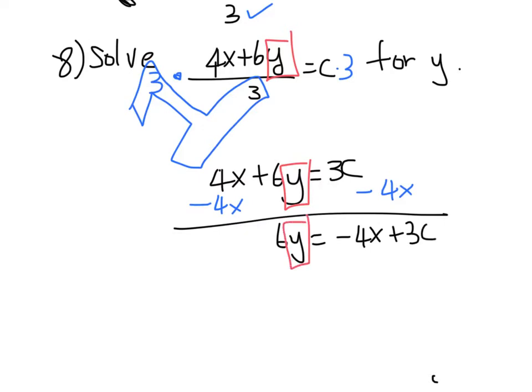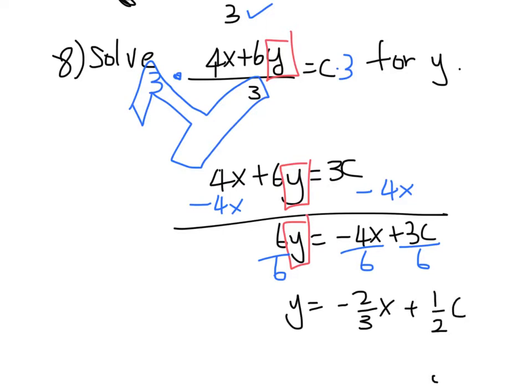I still gotta find out what y is equal to, so I divide everything by 6. And so now, y is equal to, and then you gotta simplify, negative 2 over 3x, and then plus 1 over 2c. And that's it.